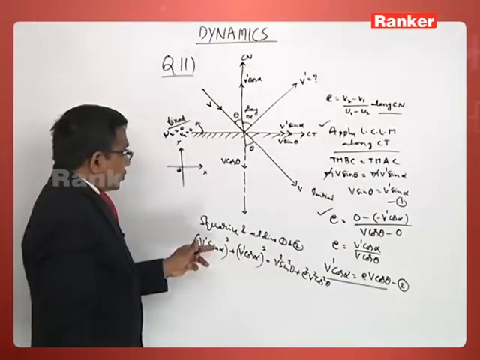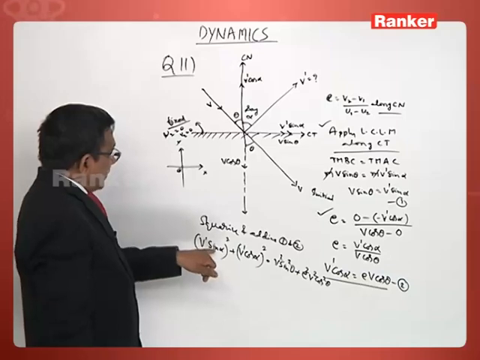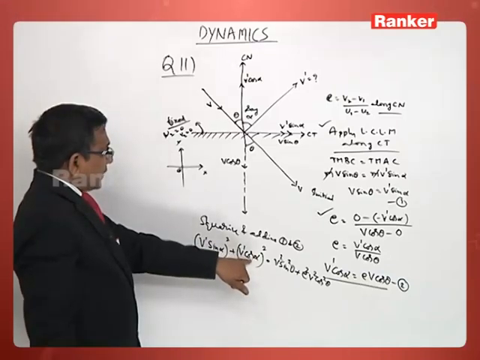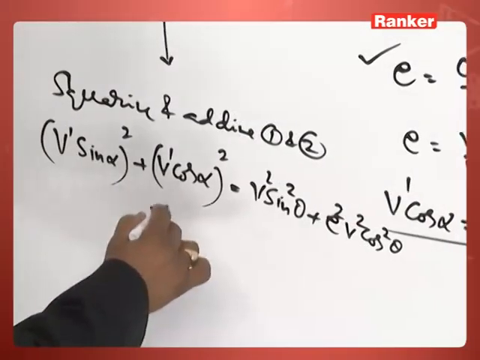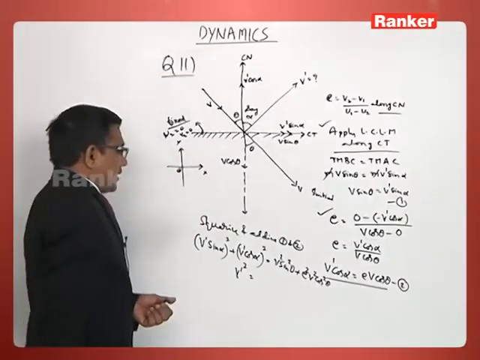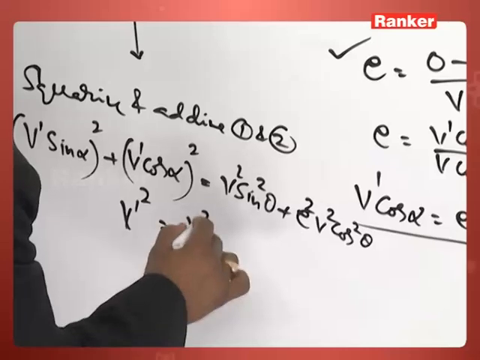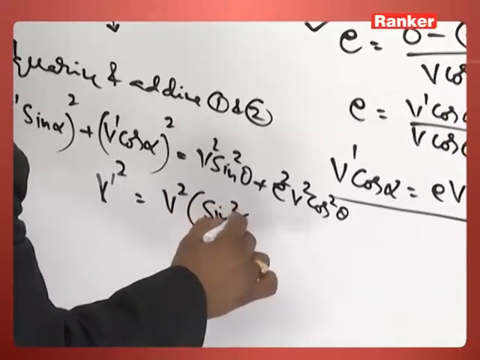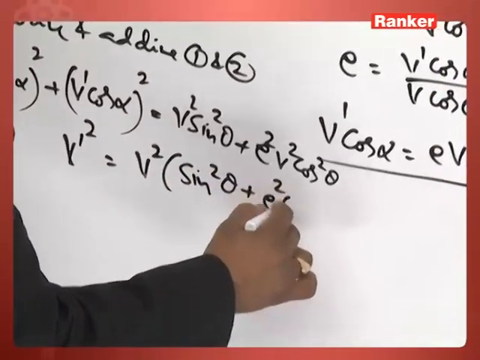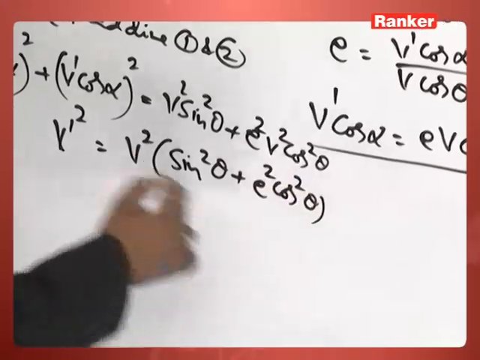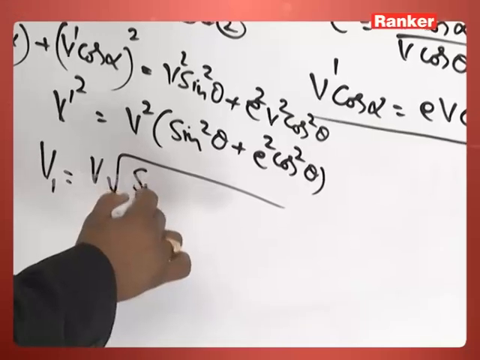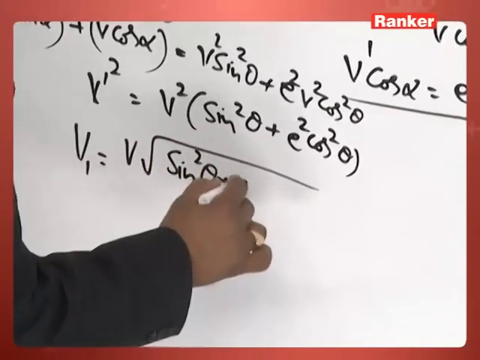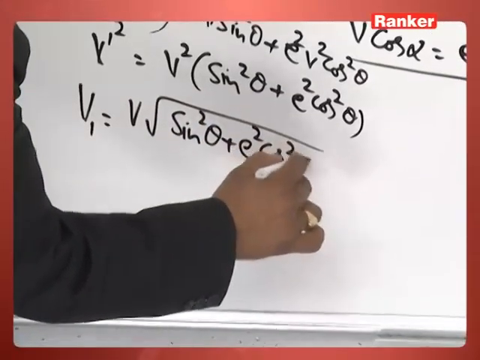Sin square alpha plus cos square alpha is 1. So directly I can write v prime square is equal to v square sin square theta plus e square cos square theta.